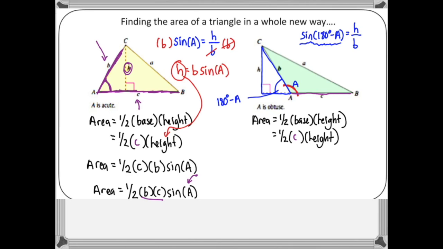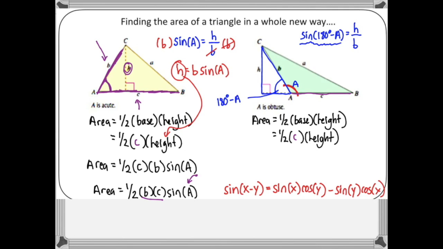And so going back to our trigonometric identities, let's take a look at how to get that 180 minus A simplified so we can move on.